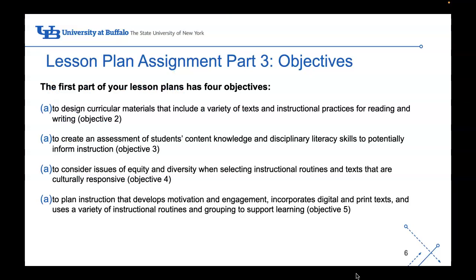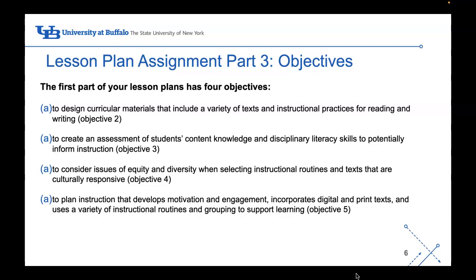So getting more into the lesson plan assignment part 3 objectives. Like your previous assignments, you are looking to select strategies that demonstrate equity across all 4 of your quad text set text selections. And the focus is on after reading strategies.